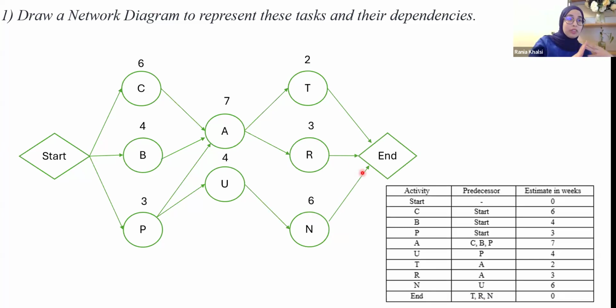So if I'm asking you in the exam to draw a network diagram representing tasks summarized within some table, this is the kind of logic that you can use, okay? You can make it in the sample answer that I'm sharing with you as help. So you can make it more complicated, you can add more details, you are free to do that.